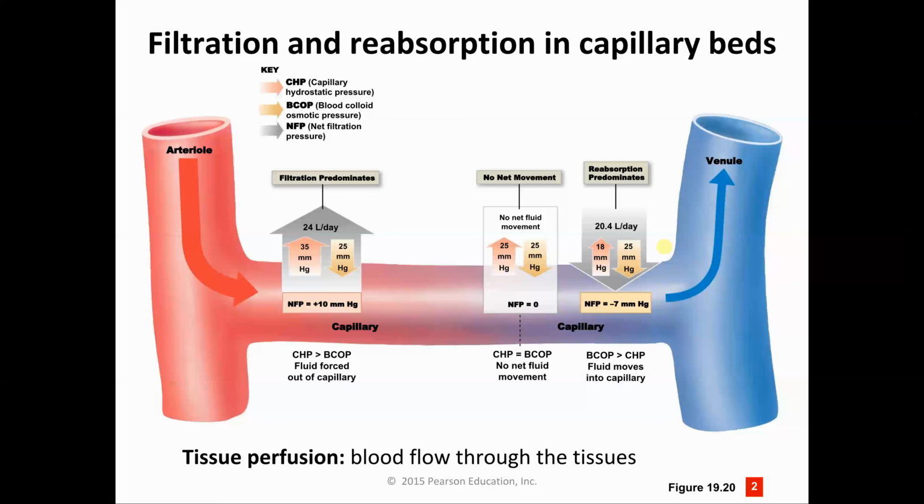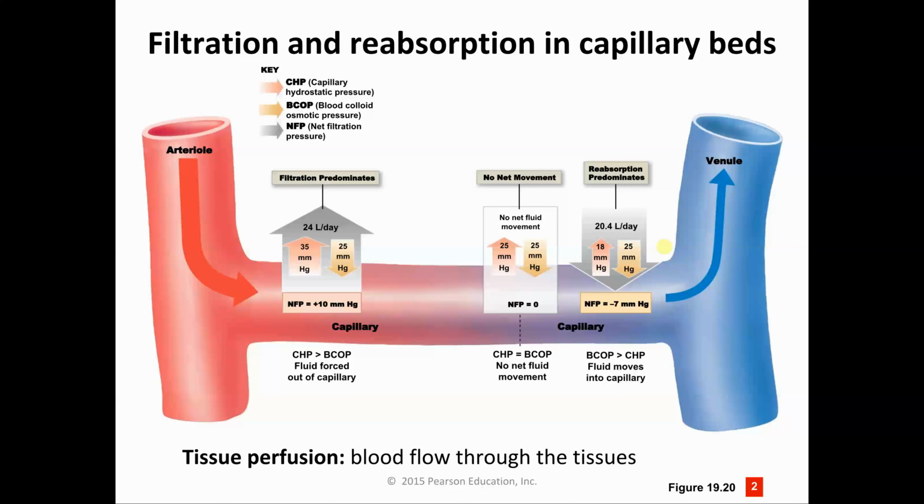Because then the CHP would be less than the BCOP at the middle, and the BCOP would be a lot greater. Yeah, it'd probably predominate. It could depend on the hemorrhage. It could become neutral at the beginning. Depends on how much blood is lost.